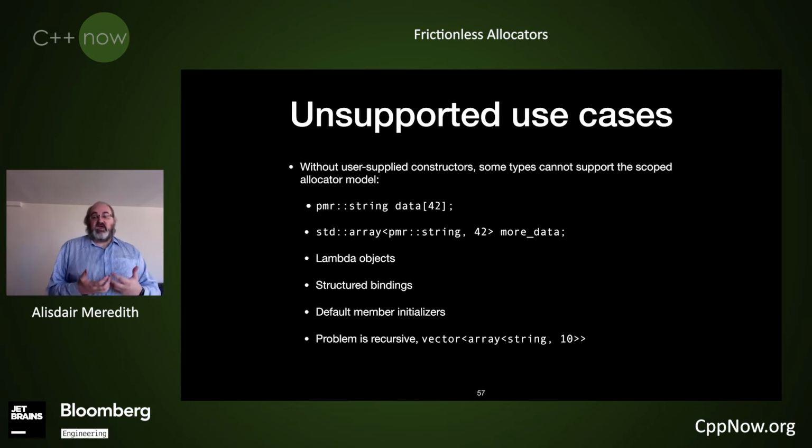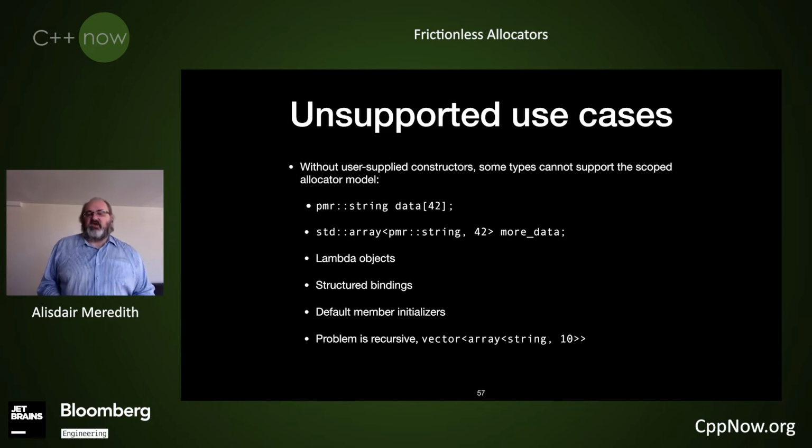Similar issue with aggregates, because an aggregate like standard array is not allowed to have constructors. I can't provide the constructors to supply the allocator, so I've got to manually push it all the way through the aggregate initializers. It's not on me to do that correctly. And then as soon as you get to the copy constructor, they're going to do the wrong thing anyway. So that's a problem.